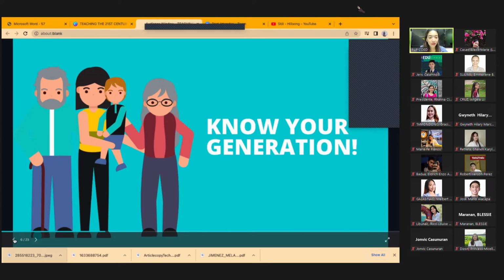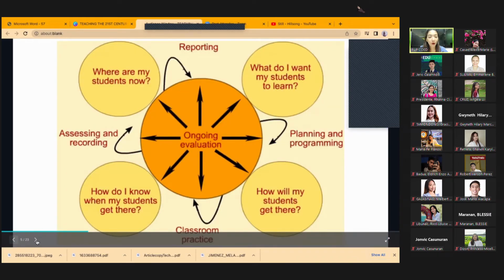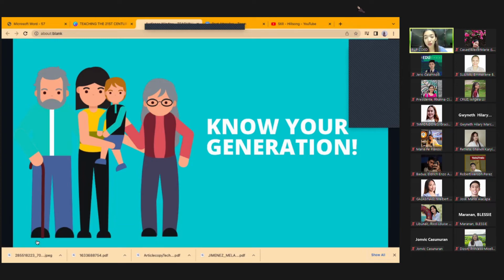So dito tayo sa part nung reporting, nung where are my students now, is knowing who are your students. Laging magkakakabit kasi ang classroom activities sa kinds of students that you have in the classroom. So when you teach kasi you would really notice the differences of your students. They are all unique in their own ways. Meron silang individual differences.